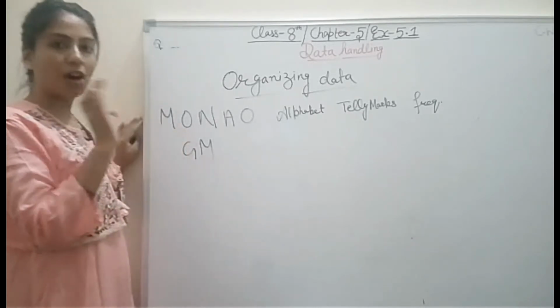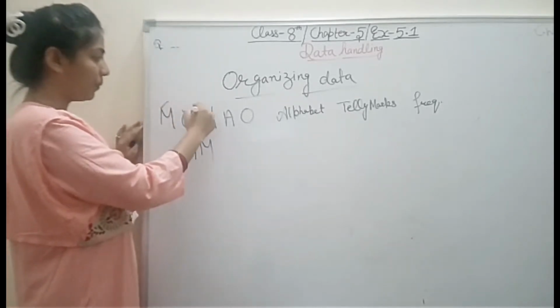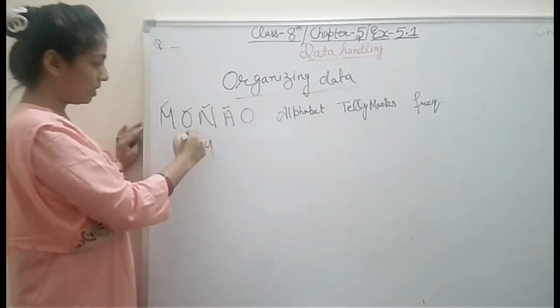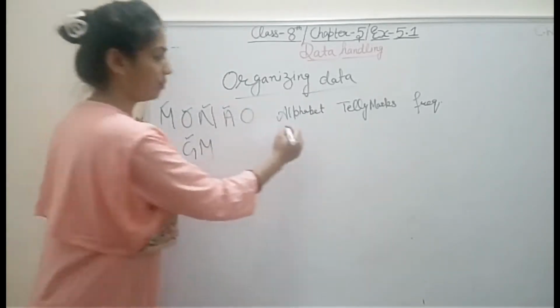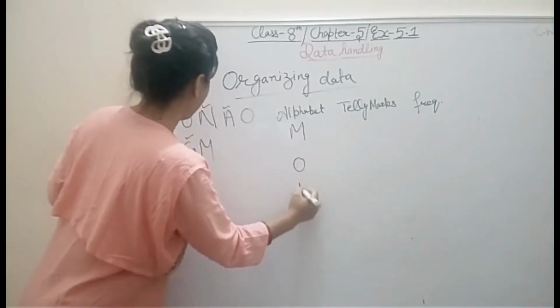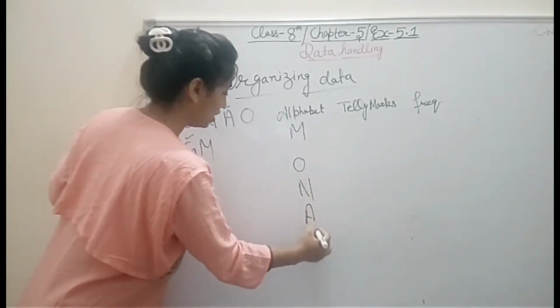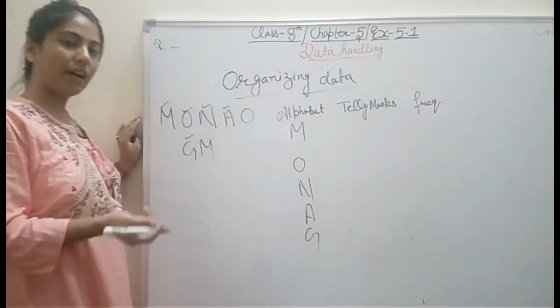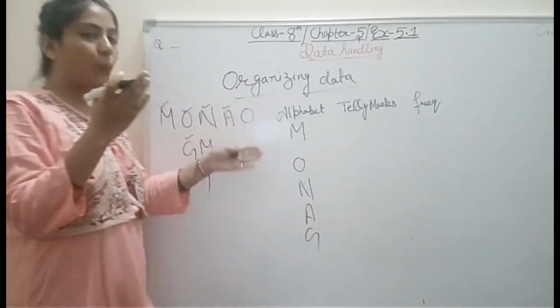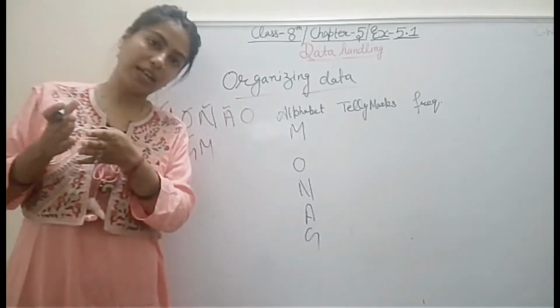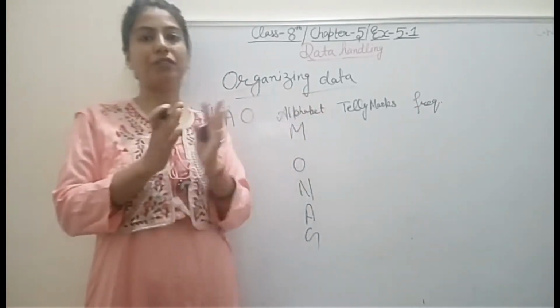So first of all, see how many different alphabets you have: M, O, N, A and G. Then after that you will see M नंबर के कितने alphabet हैं series में, O कितने alphabet हैं series में, right? So you have to show it with the help of tally marks.